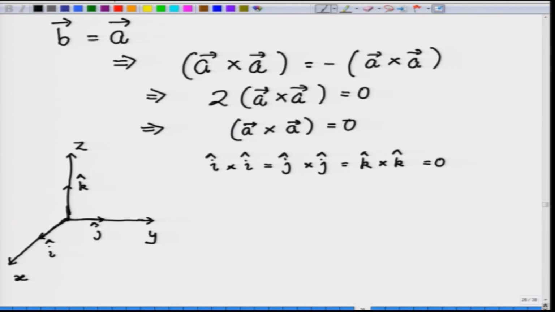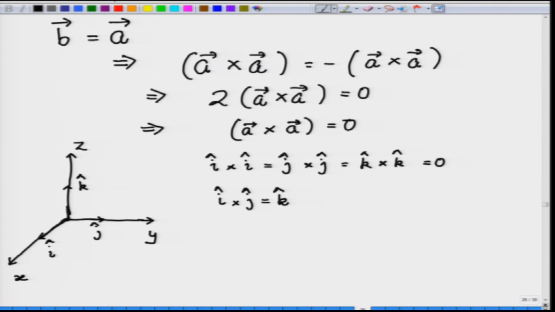If the observer is standing along the z axis, his eye is along the z axis, then he observes that i moves towards j in a counterclockwise fashion, so that the screw will move towards him along the z axis. That is, if his eye is on the z axis, it is the k vector which will move towards him. So, i cross j is the k vector.